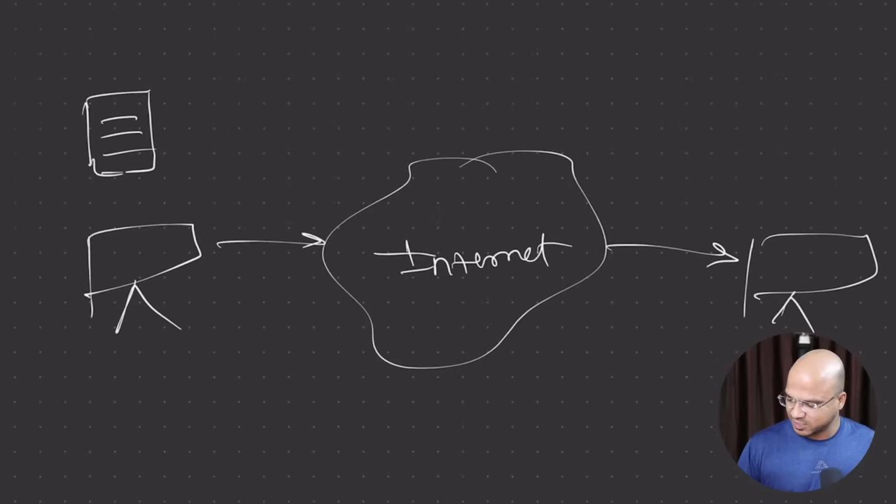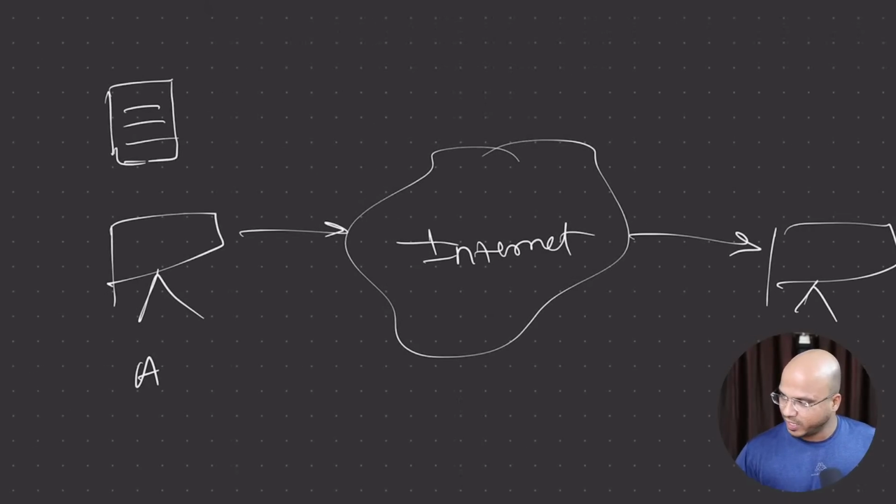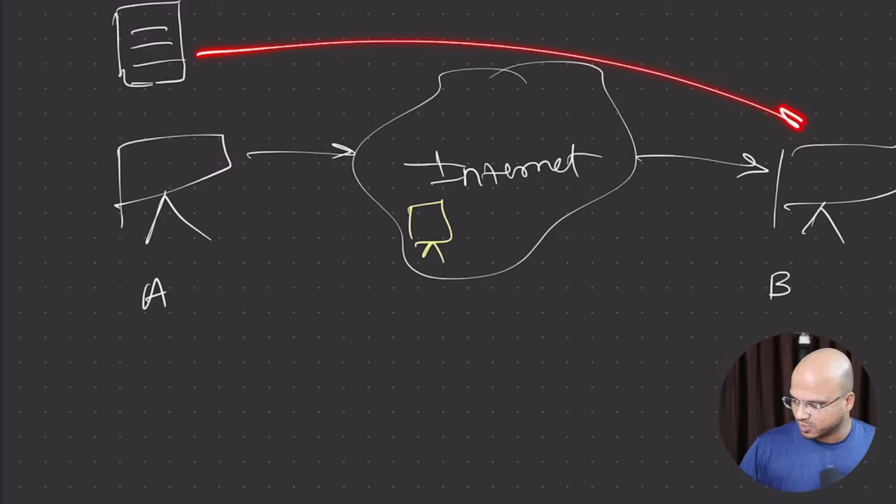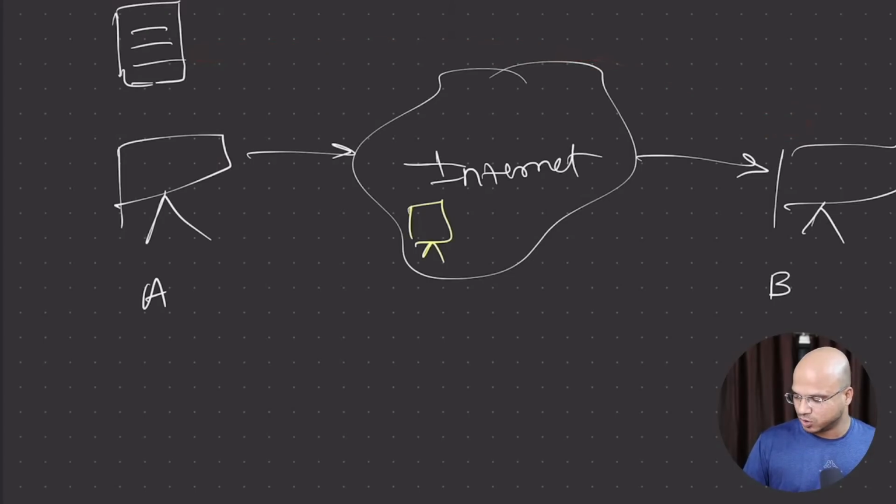If I want to send this message from A to B, the problem is someone on the internet could have a machine and they will be able to see the message. If this data is passed from this machine to that machine, anyone can see it. So what we want is that no one else can see the message.